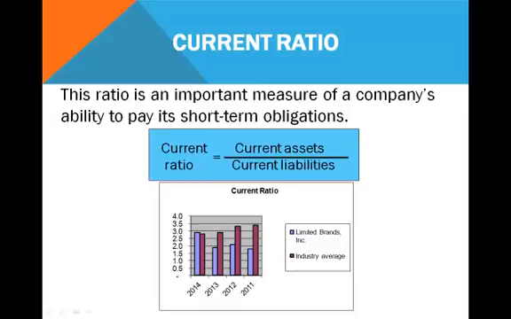Suppose we have a company that has $200,000 in current assets and $100,000 in current liabilities. The current ratio is 2 to 1. That is 200,000 divided by 100,000. A 2 to 1 current ratio means that for each dollar of current liabilities falling due in the next year, we expect to have $2 of current assets to pay the liabilities. So we can meet our short-term obligations.